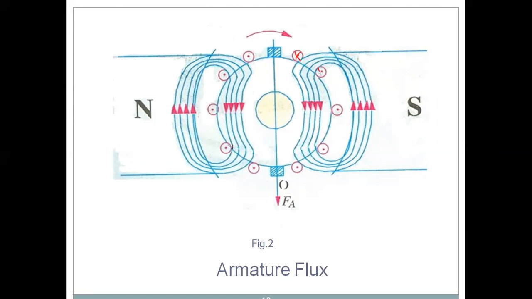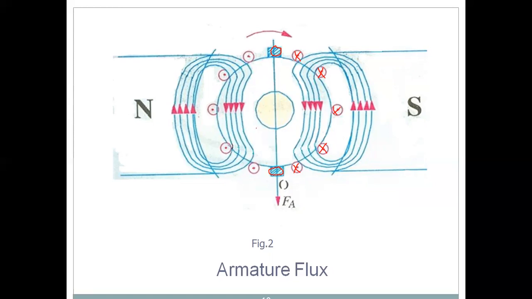This is cross, this is cross, this is cross, and this is cross, this is cross, and these are available with dot, dot, dot, dot, dot. Even if any conductor is available at this position, these conductors will not cut the flux, EMF will not be induced, then there is no dot and there is no cross.